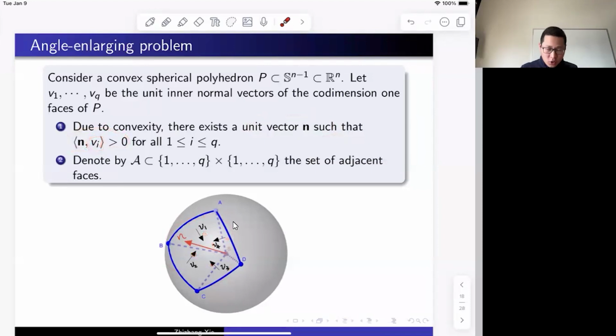So it's a vector like this. And then I should pick a subset of this set, to keep track of which of these vectors are considered to be adjacent. For example, V1, V2 are adjacent, but V1, V3 are not adjacent. So I need to specify a subset to keep track of the adjacent vectors or adjacent faces.